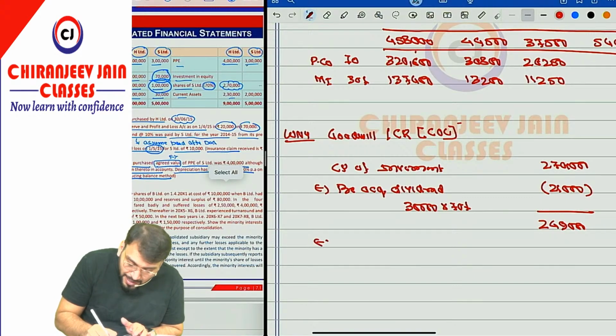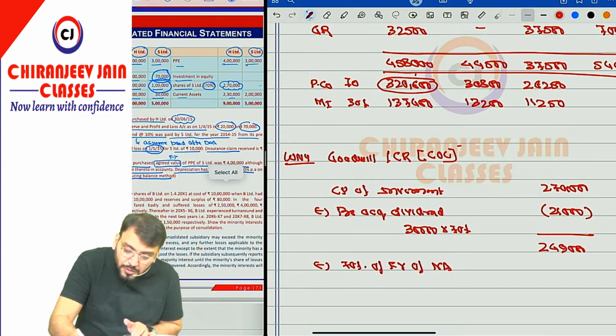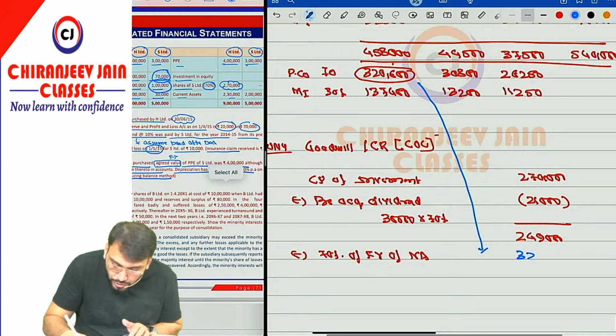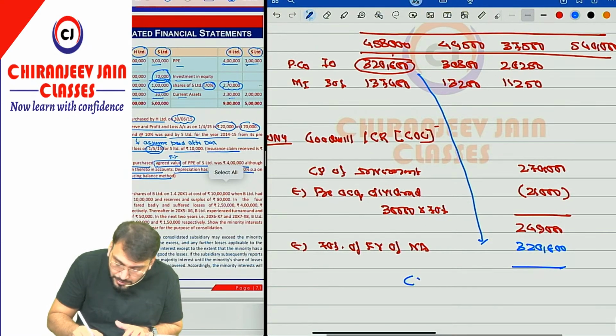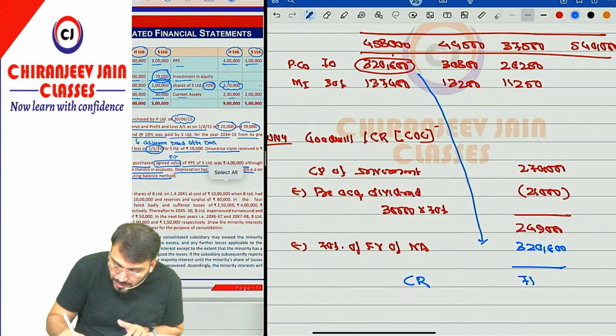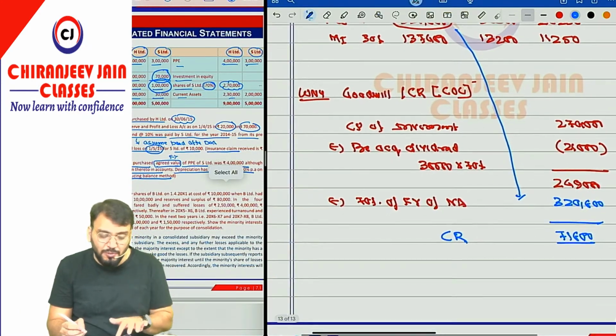And from this, minus 70% of the fair value of net assets of the subsidiary company. That amount comes here, 3,20,600. So this will be capital reserve. Minus 3,20,600, so capital reserve will be 71,600. Understood? This was working note number 4.